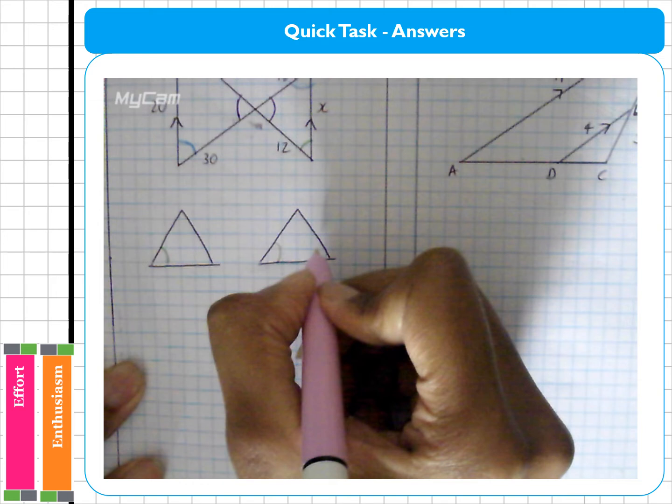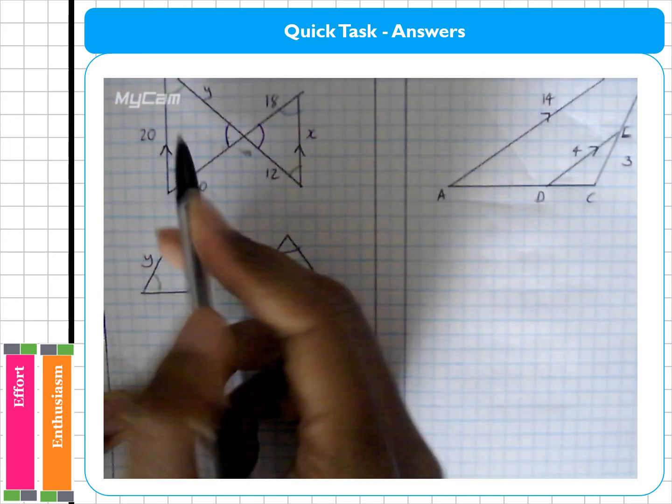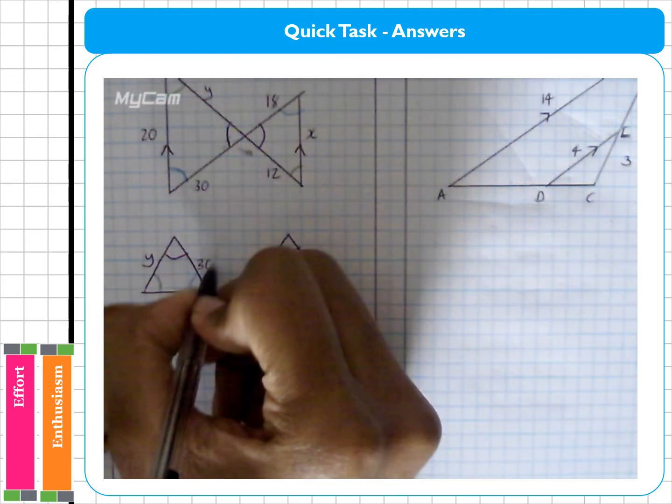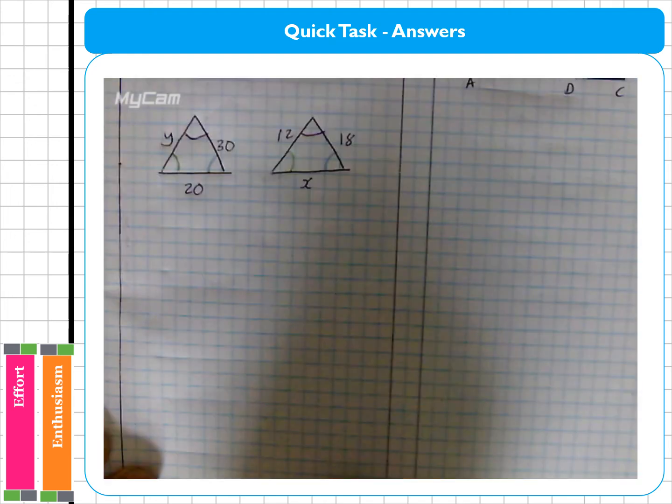Having a look back up at my picture, in between purple and green is Y, in between green and blue is 20, and in between purple and blue is 30. On the other triangle, in between purple and green is 12, in between green and blue is X, and in between blue and purple is 18. If I start by trying to work out X, I know I want a scale factor that goes this way.